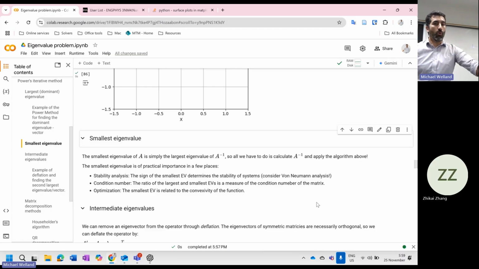Why do we want to do this? A lot of people will already know, you can kind of imagine why you would find your largest eigenvalue, because that's going to give you your biggest rate of change. Anybody have a guess why you would want your smallest eigenvalue?